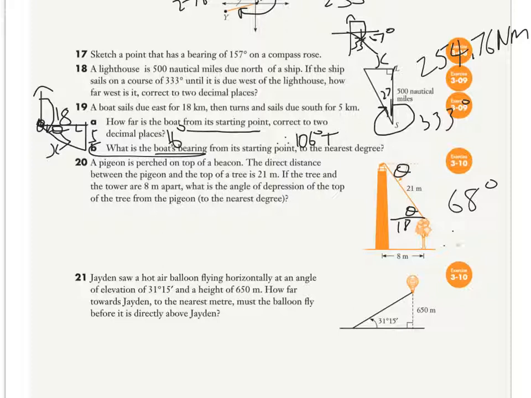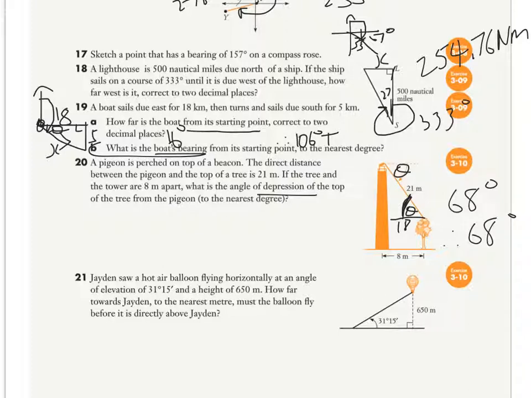So therefore it is 68 degrees. Now you've got to be careful because that is actually the angle of elevation just there, but we want the angle of depression. So write it maybe twice.